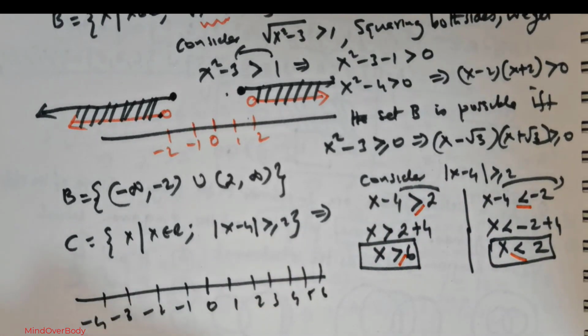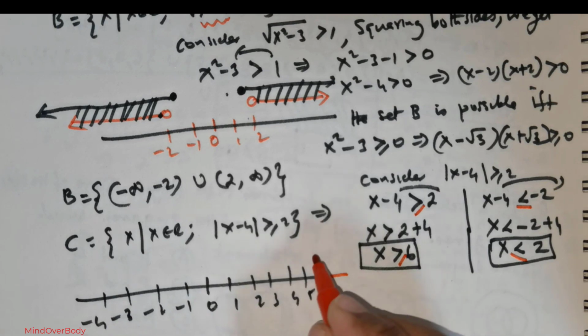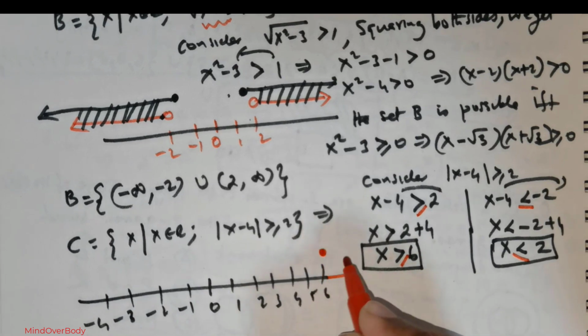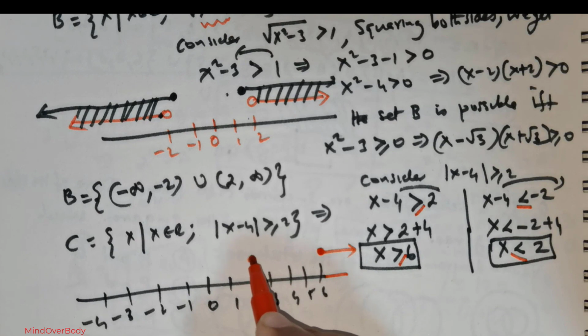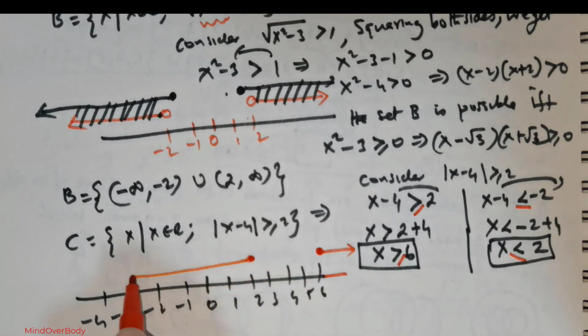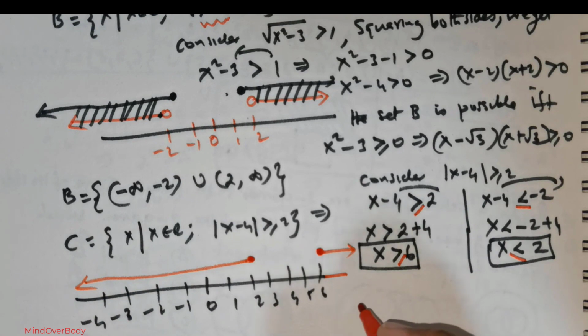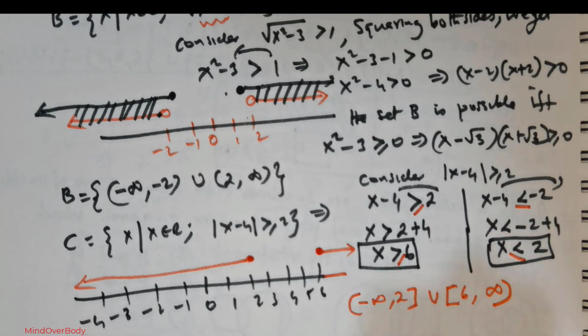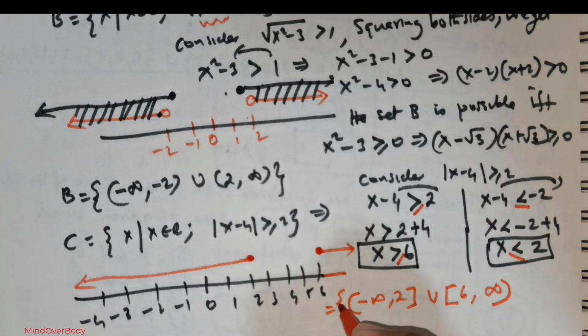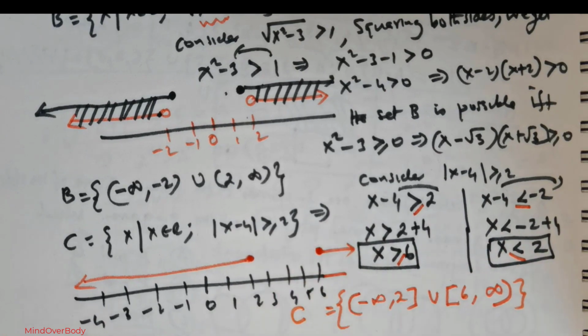So x is greater than or equal to 6: from 6, shade the entire thing and it moves like this. And then x less than or equal to 2, so from here this goes. So if you were to write this, this is going to be -infinity all the way to 2 union 6 all the way to infinity, right? And this is nothing but my value of C.